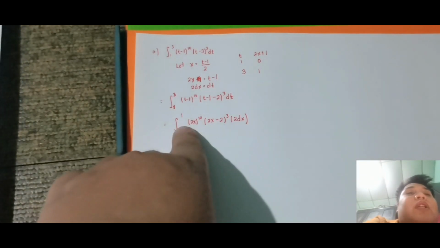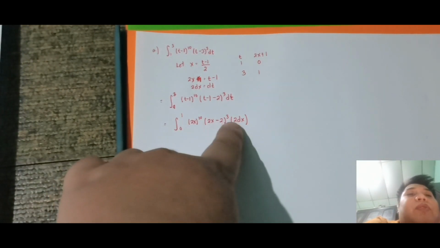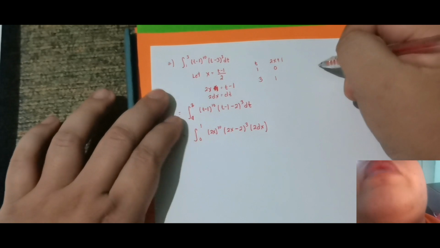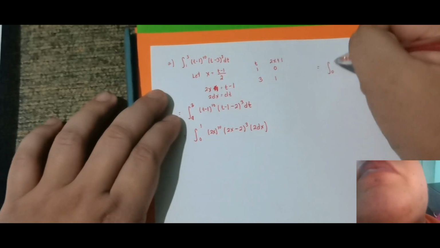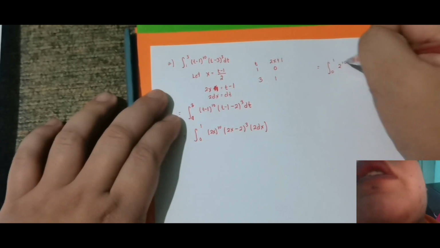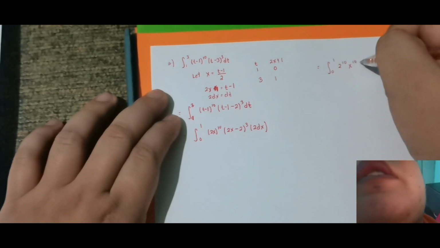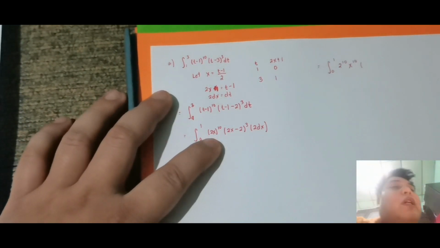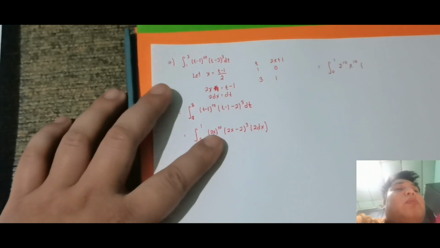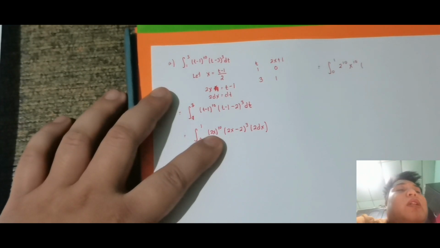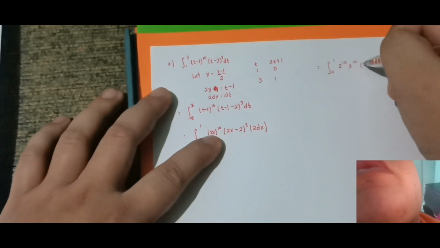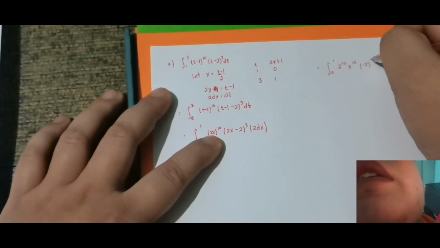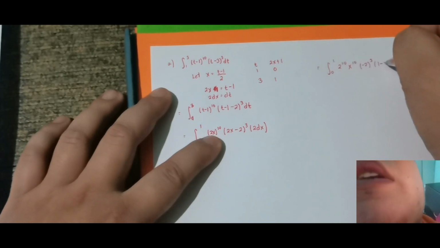So meron akong 2 raised to 10, 2 raised to 3, tapos 2. So we have integral from 0 to 1. Meron tayong 2 raised to 10 dito, tapos x raised to 10. Ipa-factor out natin yung negative 2, kasi kailangan natin siya maging 1 minus x. So negative 2 raised sa 3, tapos magiging 1 minus x na siya, raised sa 3 pa rin.